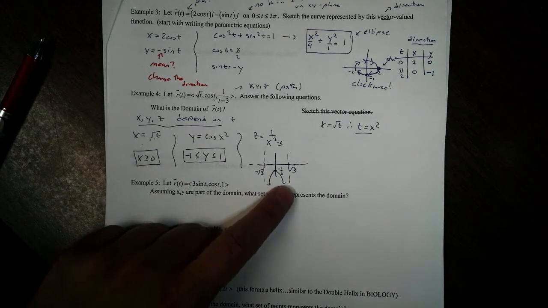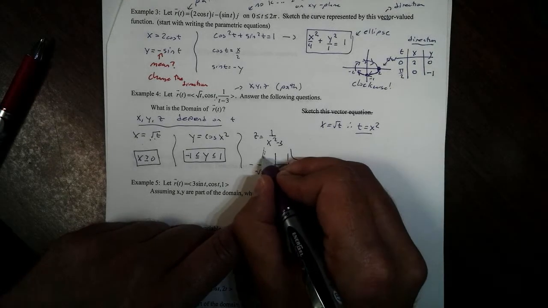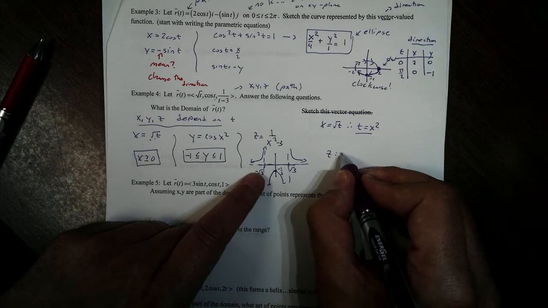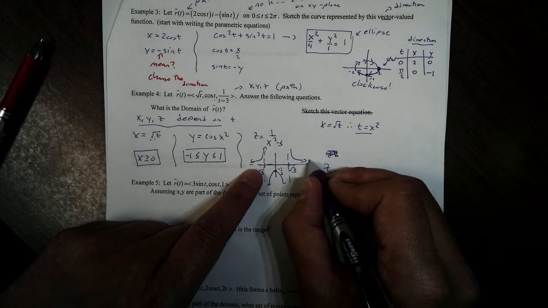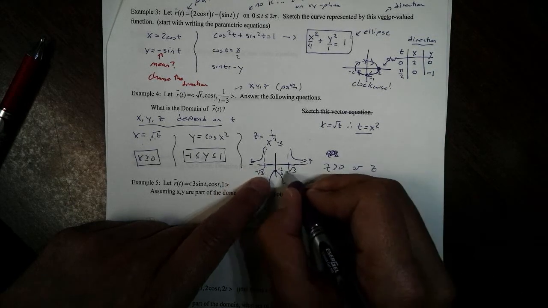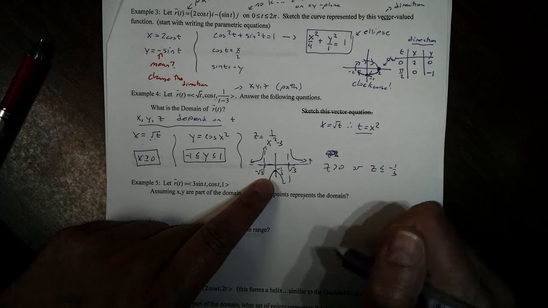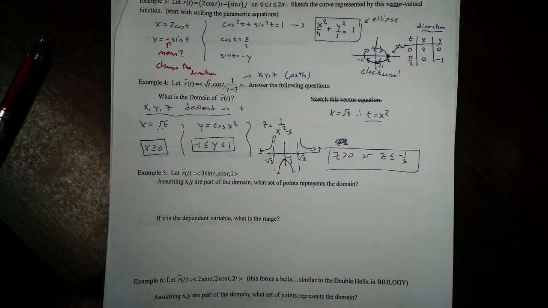These are both single asymptotes, multiplicity, so I know it's going to open up here and right there. So for z, I know z has to be greater than 0, or z is going to be less than or equal to negative 1/3. I get it from my graph. That's pretty tough to do, but it's kind of fun.